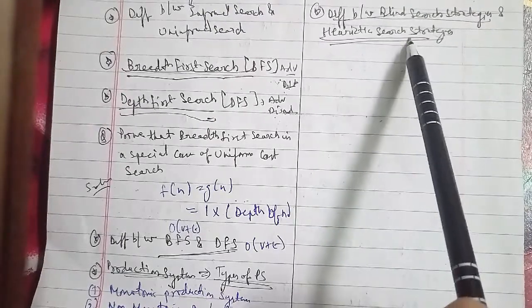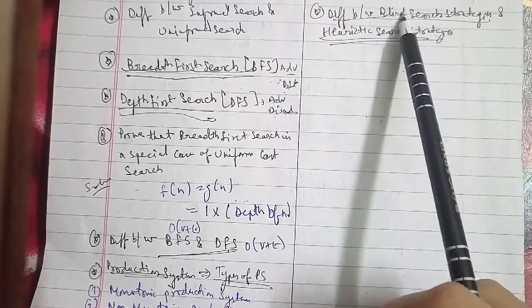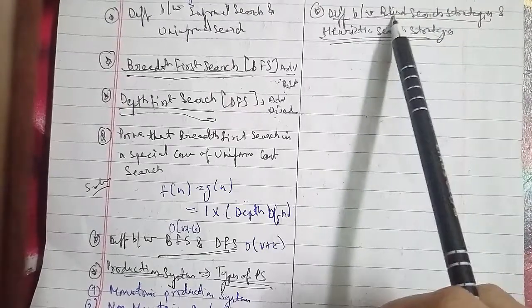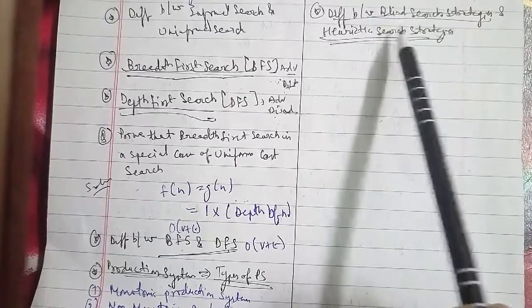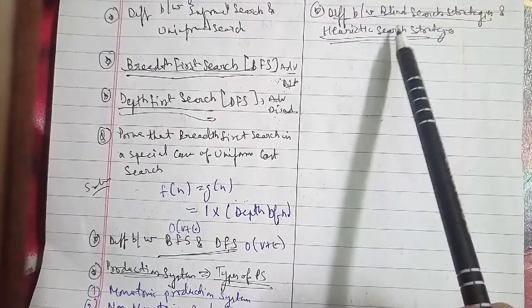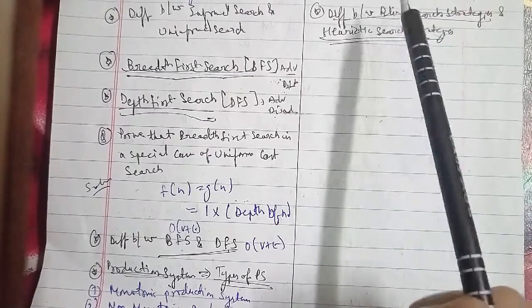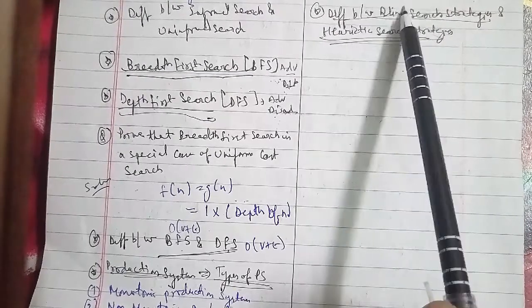The fifth difference: blind search is known as uninformed search, and heuristic search is also known as informed search. Blind search uses more computation and heuristic search uses less computation.